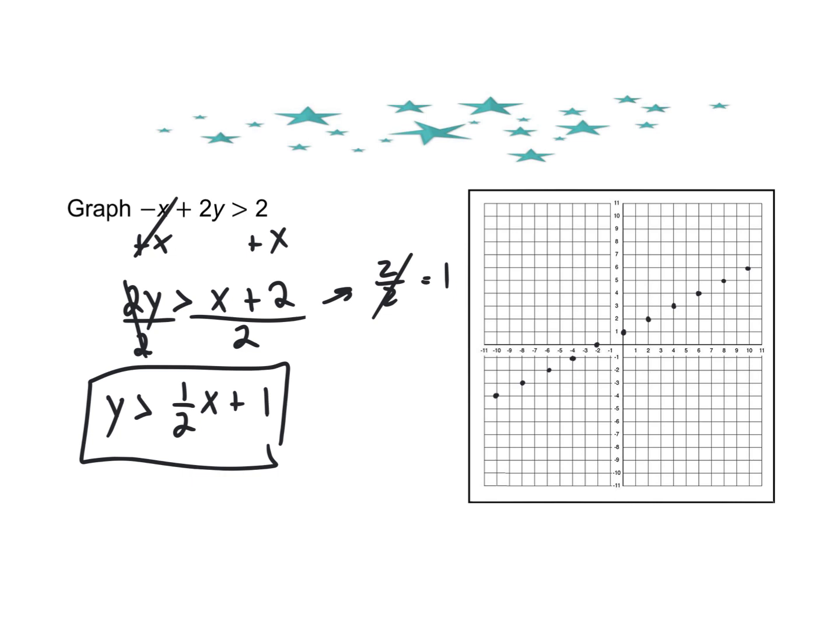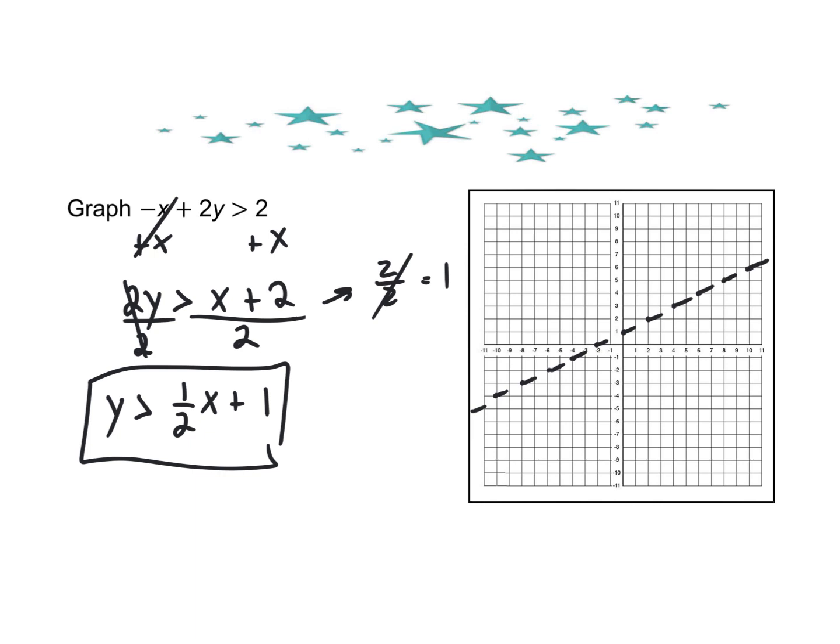Now, before I draw the line, I want to make sure whether it's going to be solid or dotted. So looking at the equation y is greater than a half x plus 1, I'm going to notice that it doesn't have the equal to at the bottom of the inequality, so it's going to be a dotted line. It's going to look something like this.